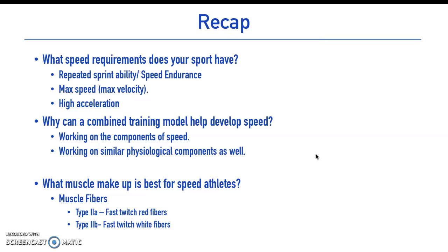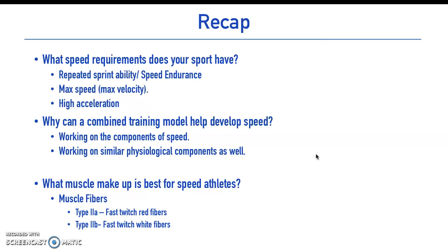Then we looked at why a combined training model can help develop speed. When we're working on speed, we're working on different components of speed to make sure that we can become fast. So we are working on our strength and we are working on power. Then we're looking at the similar physiological components as well.